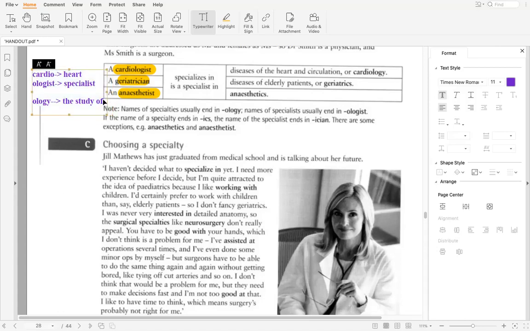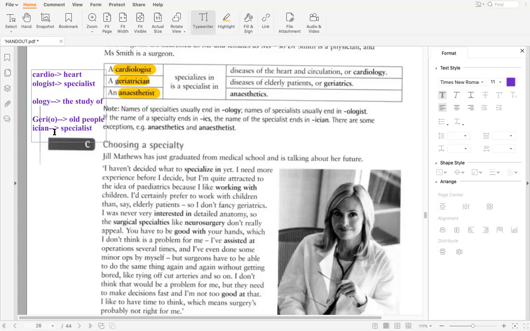The second one is geriatrician. We have taken that geri or gerio means old people. So geriatrician is what? The ian means again specialist.